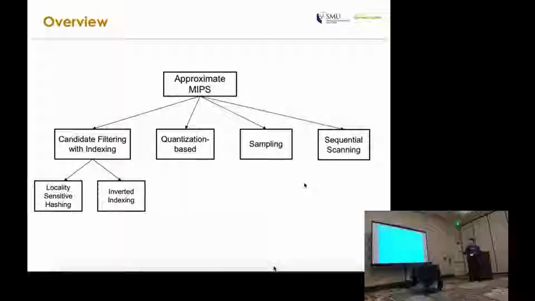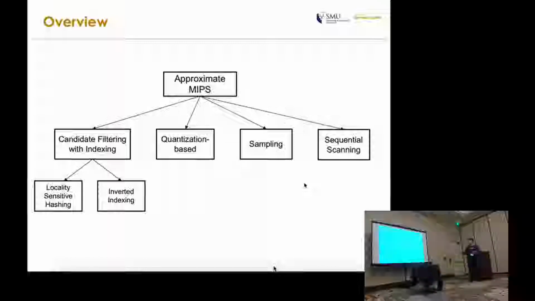The other approach is sampling, which also reduces the number of candidates you need to perform the exact inner product search on. Then you have sequential scanning. Basically, you scan over all the item vectors, but you apply some branch and bound technique to have an early stop mechanism to cut down the cost of scanning through all the possible items.